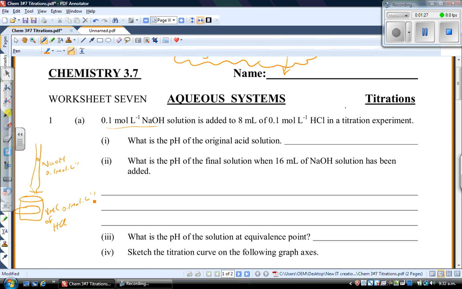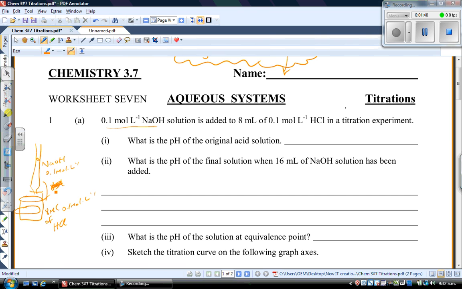So that's the starting situation, and to that 8 mL of acid you're going to add sodium hydroxide. They haven't told you what volume has been added yet, so we need to just ignore that for a second.